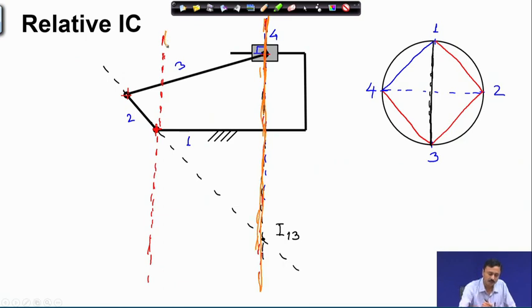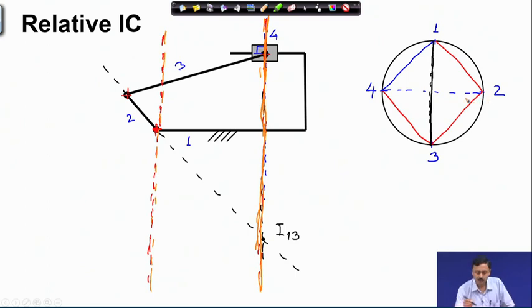Therefore, I must draw a line parallel to that line through I 1 2 to meet I 1 4 at infinity. So, that is one.